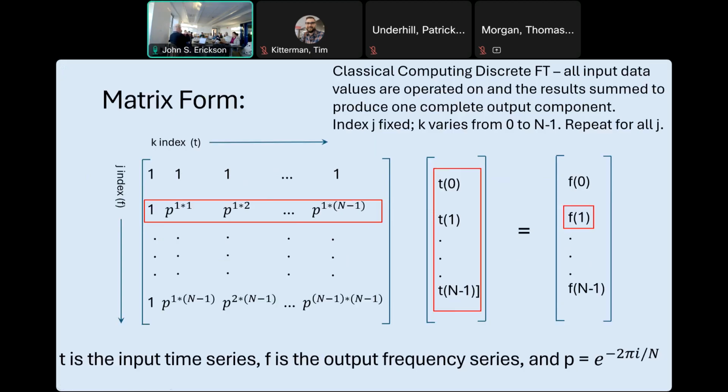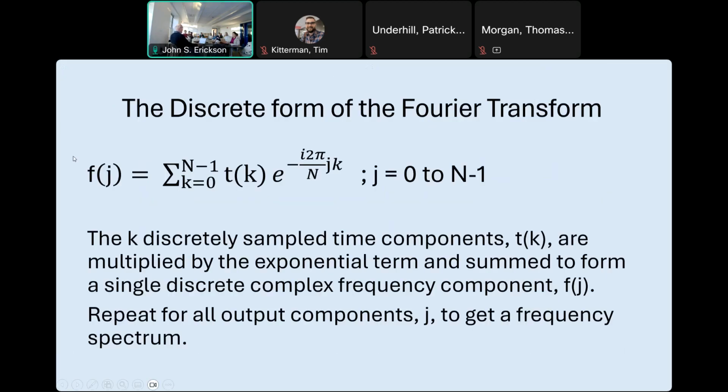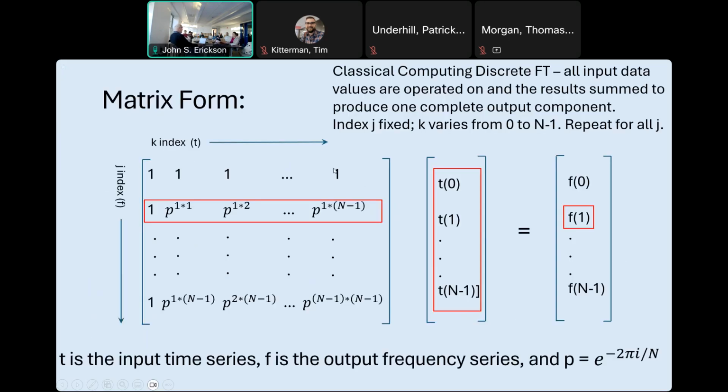So essentially, you camp out on some element of the output, and you sum over all the elements of the input, applying this exponential term based on the particular numeric index of the input and the output. And once you finish with one on the output side, you go to the next one and just repeat across. Okay.